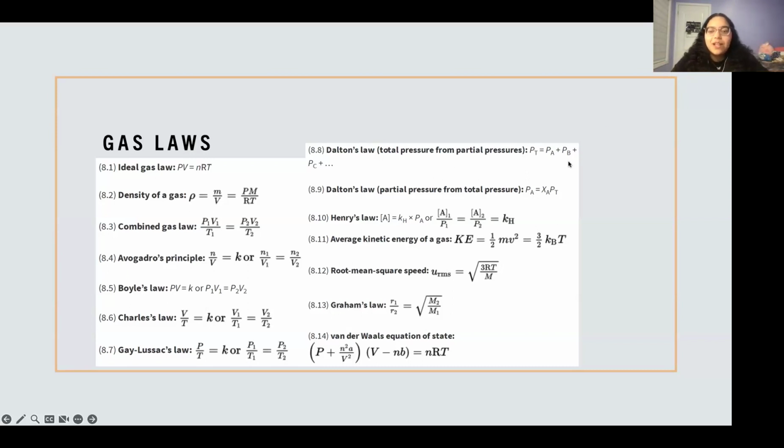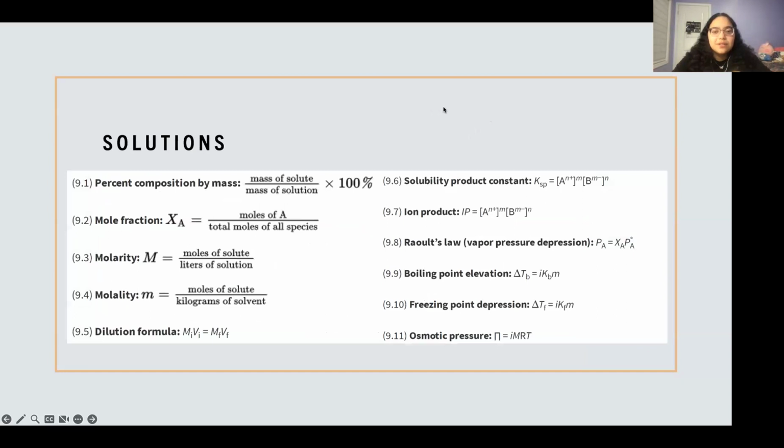I won't read it all out, but if you had to use that, they would probably give you the equation and they'd give you a and b because those are constants. But it's also just good to know that there are different equations of state, or they could throw a different one at you. There's a ton, but there are different constants you can introduce to make the ideal gas law fit a real gas more closely. So something to look out for.